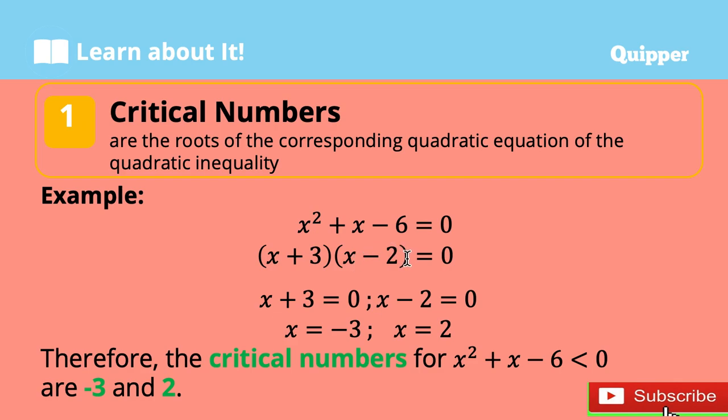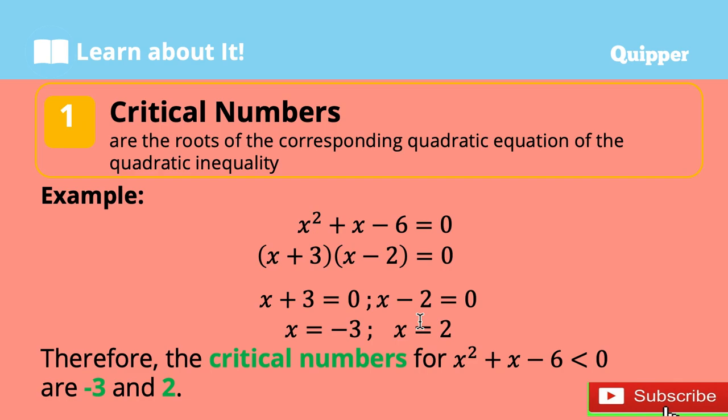Then applying the zero product property, we equate both factors to 0. So x plus 3 is equal to 0 and x minus 2 is equal to 0. The values of x are negative 3 and positive 2. These are the roots of the corresponding quadratic equation.